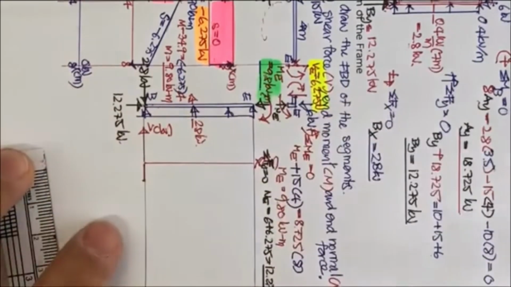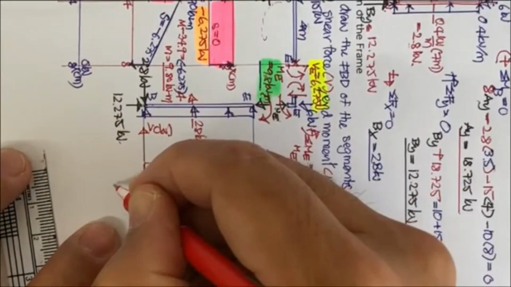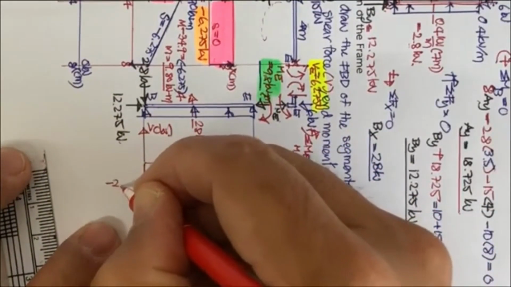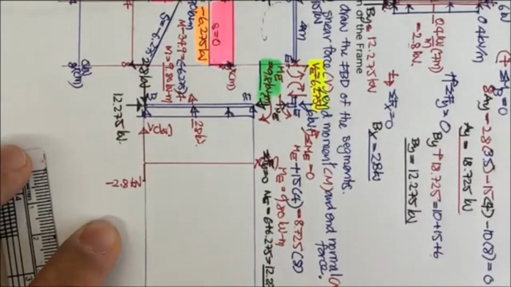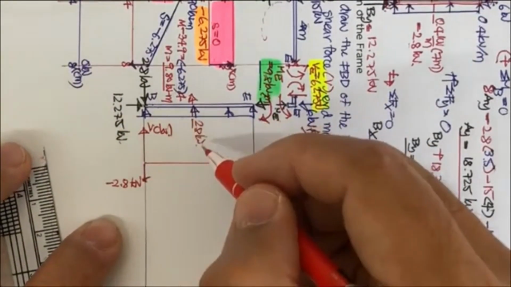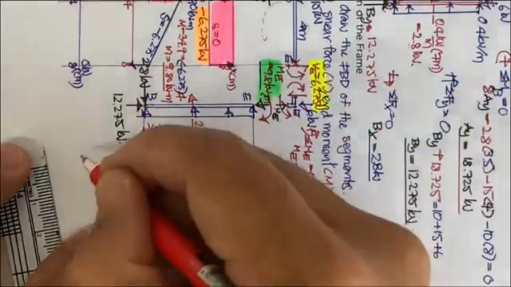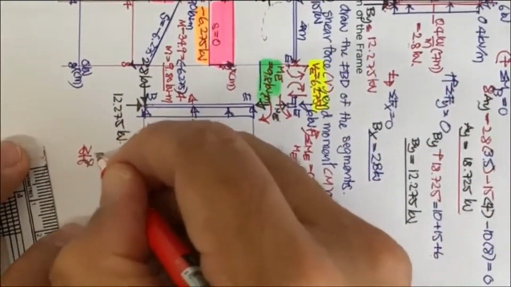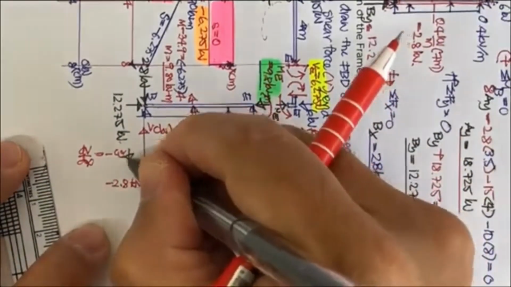We have the scale. It's going to be downward, and when it's downward, this is going to be minus 2.8 kilonewton. And the W here is in the upward direction. We have dV by dx equal to minus W when W is downward.